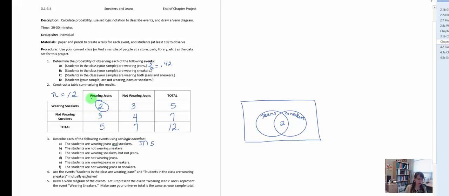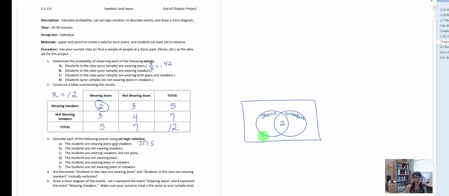So for my class, I'm going back to n equals 12. I need to make sure that all the numbers that I've written on my Venn diagram add up to 12. Nothing more, nothing less. So n is the total. So for my drawing, I need to make sure the numbers add up to 12.